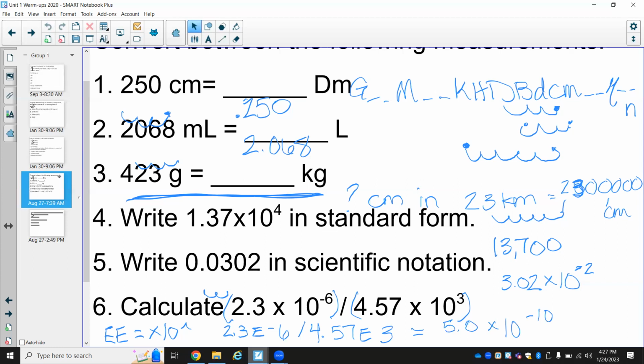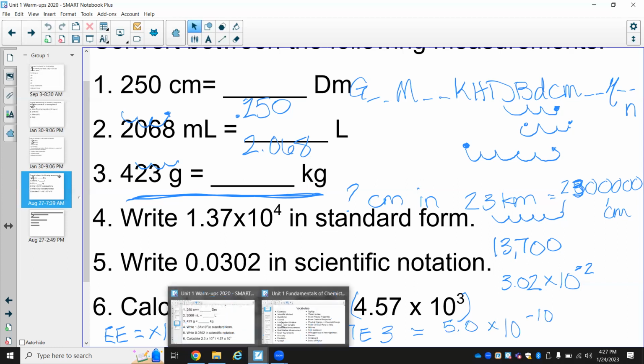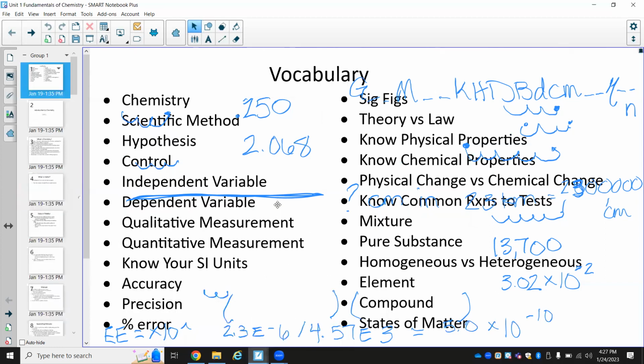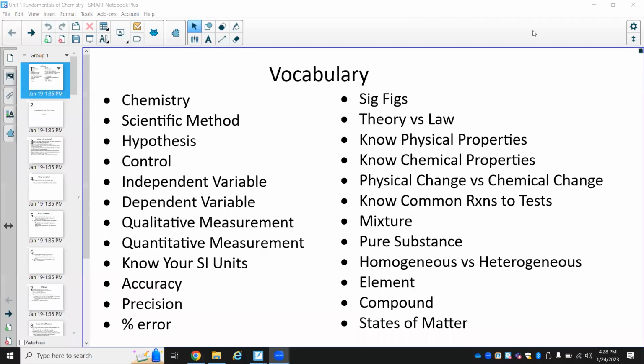So let's look over our Unit 1 notes, the first part of them. All right, so at the very beginning of each unit's notes, you're going to have some vocab. These are things that I would highlight or make sure that you know as we go through the unit.